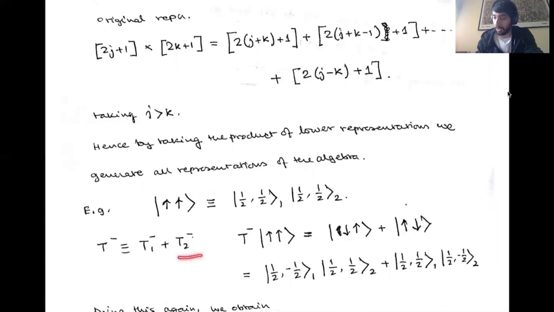T minus of 2 is going to flip this spin here. Okay, so what is this? This is going to be half minus half, if you wish. That's this state. So half minus half and half half of 2. This one, the half half stays as it is, and this becomes half and minus half.